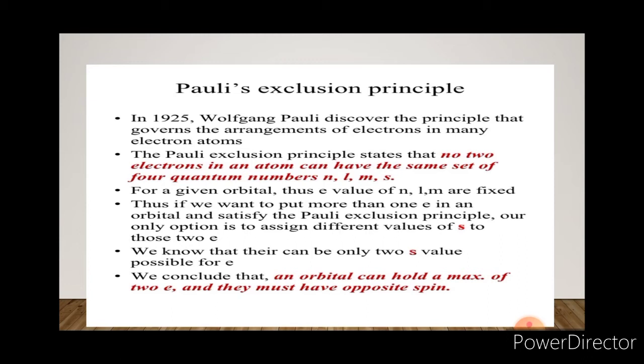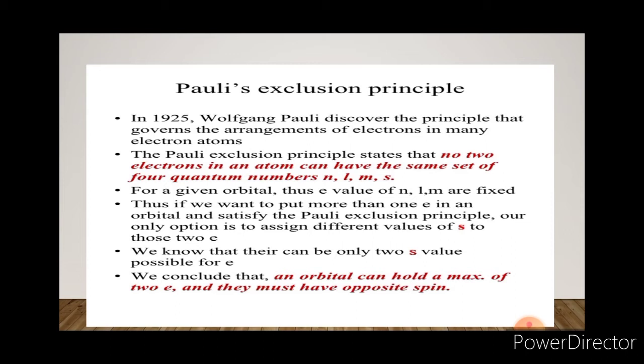This says that no two electrons within the same atom can have the same values for all the quantum numbers. There are 4 quantum numbers: n, the principal quantum number; l, the azimuthal quantum number; m, the magnetic quantum number; and the spin quantum number.